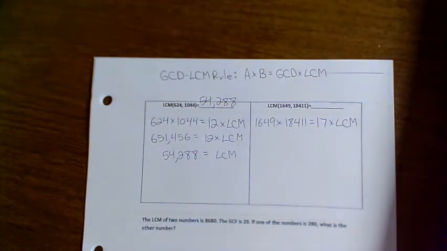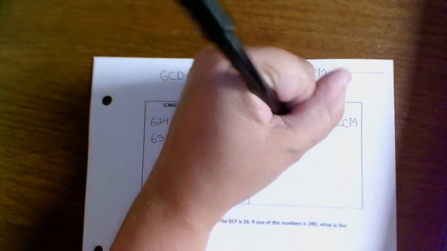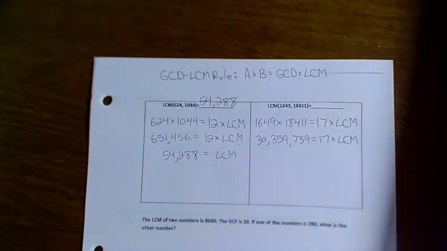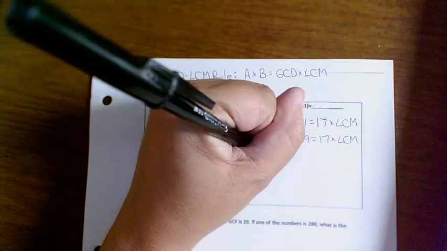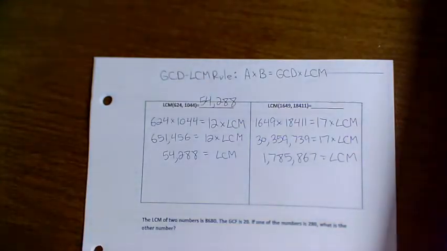So 1649 times 18,411 is 30,359,739. That equals 17 times the LCM. Okay, so then divide both sides by 17. And that should be 1,785,867. It's going to be the LCM.